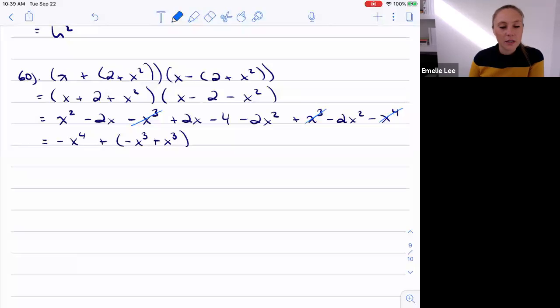Now I'm moving on to my next highest power. You can cancel those out, but I'm just showing that they're still there, and then in the next step I'll just make them 0, right? Which is totally fine. But when I'm dealing with something large like this, I want to go from here and show that they're still there and kind of accounted for, but totally fine if you just went to 0.